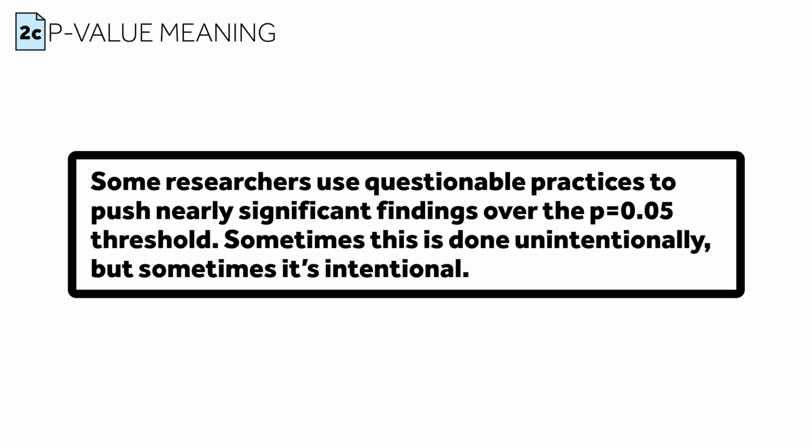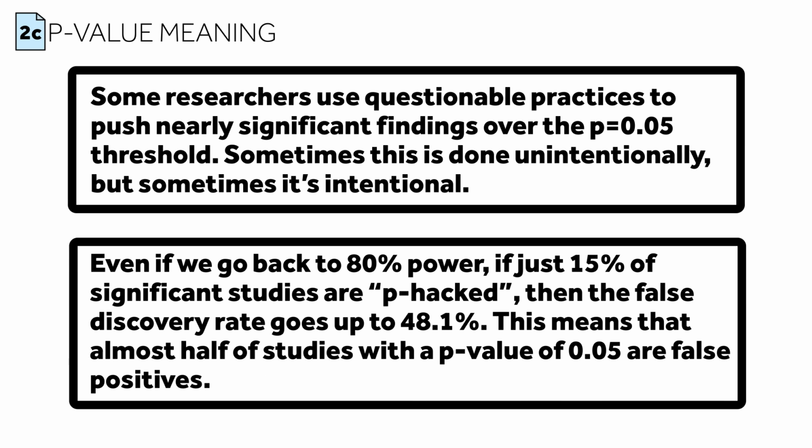Sometimes this is done unintentionally, but sometimes it's intentional. Even if we go back to 80% power, which is good, if just 15% of studies are p-hacked, then the false discovery rate goes up to 48.1%. This means that almost half of studies with a p-value of 0.05 are false positives. Half! No wonder so much research isn't reproducible.